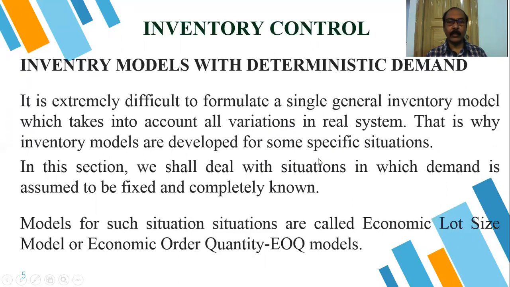So we are going to learn 4 different models according to the situations. We cannot combine all 4 models in one model. So today we learn the deterministic model, model 1, and related problems.